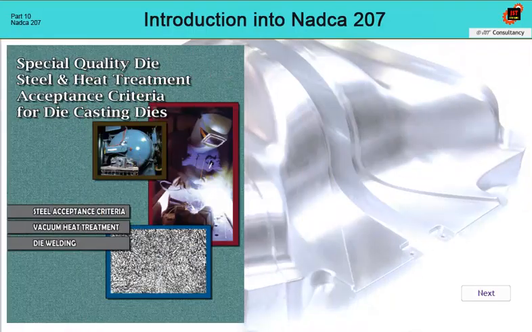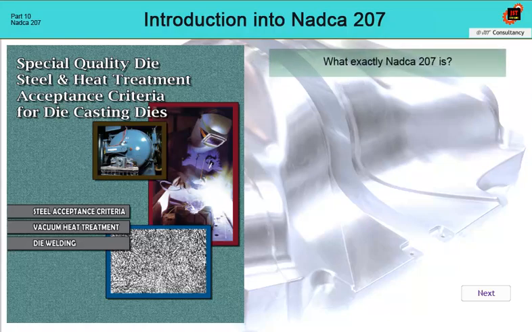There are few areas of mechanical engineering where a precise definition of tool manufacturing processes can be found and applied. Such a manual exists for the production of die casting dies and is published under the name NADCA 207, now in version 2025. It is a set of recommendations developed by the North American Die Casting Association for its needs and for its members.